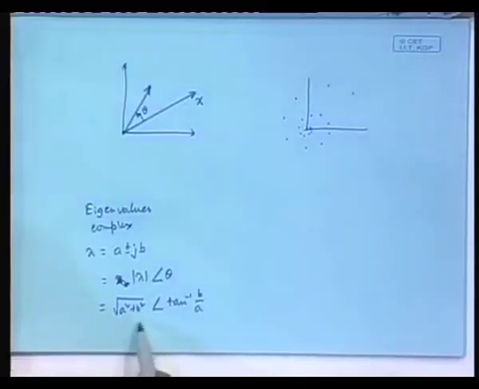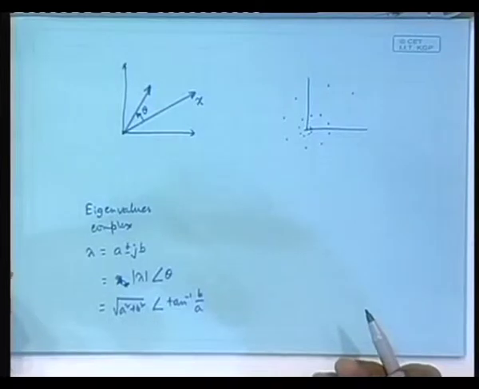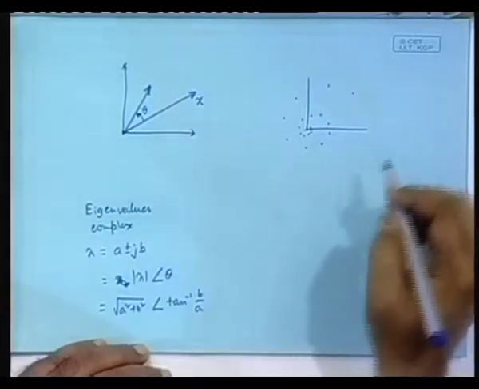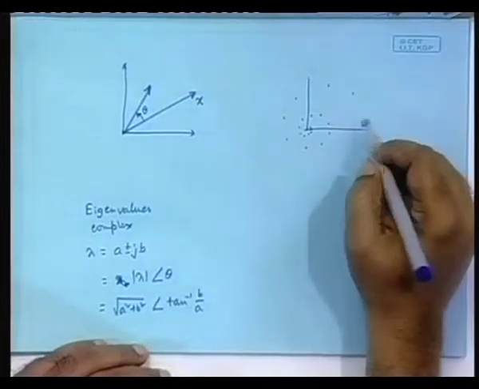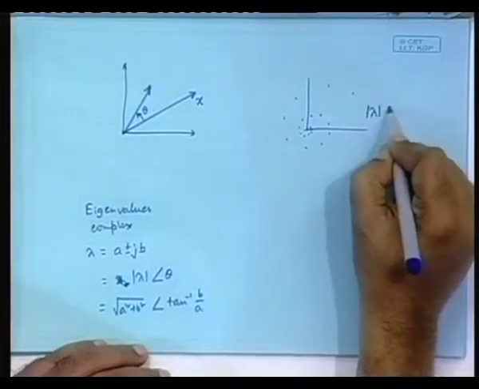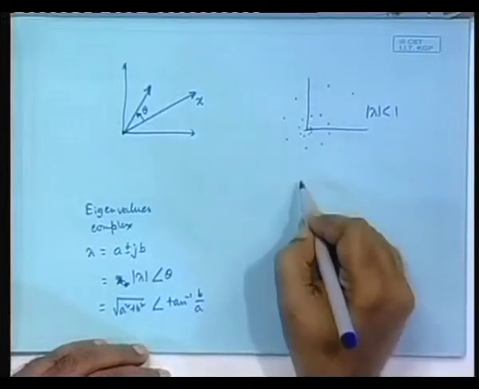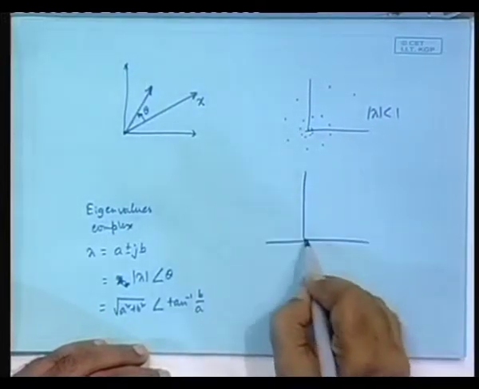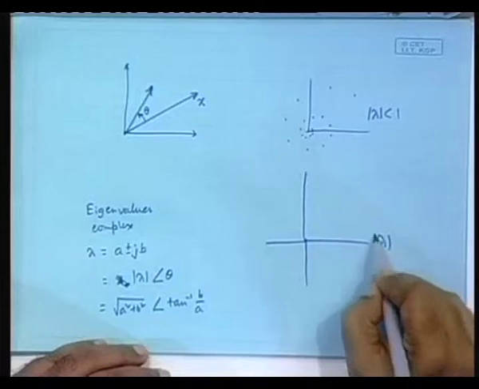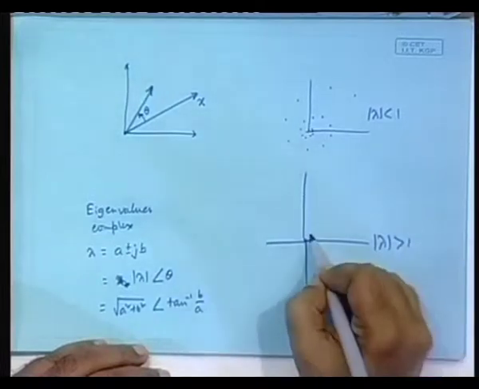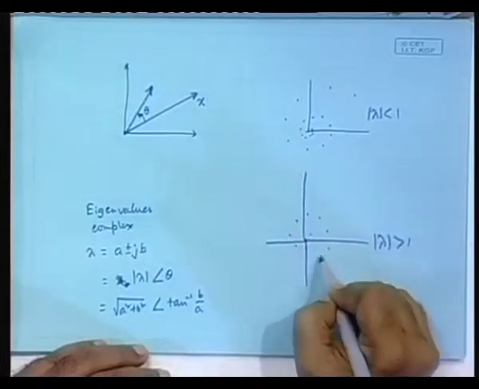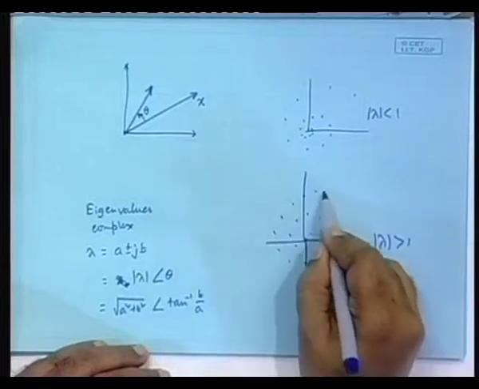Likewise, if you have the root over a square plus b square term, the magnitude of the eigenvalue, greater than unity, then it will be an outgoing spiral, obviously. So, there are two possibilities: this would be an incoming spiral for lambda magnitude less than 1, and if lambda magnitude is greater than 1, then it would be an outgoing spiral, and so on and so forth.